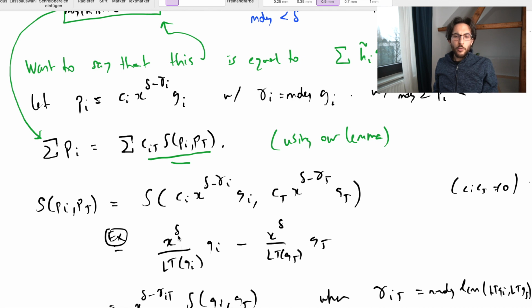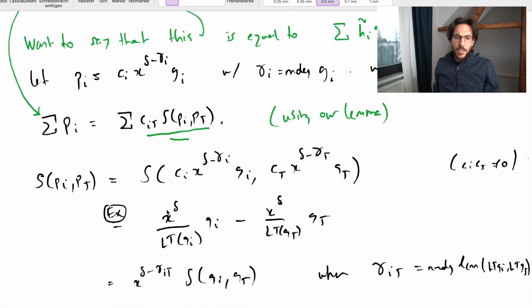So that's what we would have put in here. We would have put x to the power gamma_ij here for the least common multiple. Delta is something necessarily larger, and I can obtain the S-polynomial then by taking out this x to the delta minus gamma_ij. Okay, now finally we're going to use the hypothesis that the S-polynomial could be reduced to zero modulo our g basis.